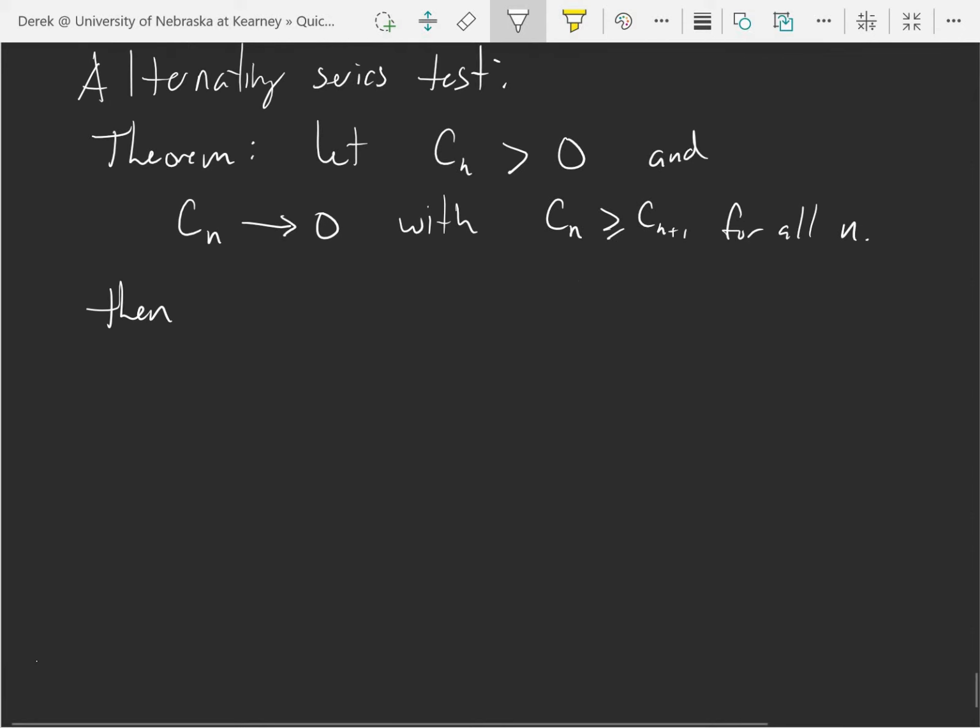Then, so I've got positive coefficients, they decrease to 0. Then the sum, if I add one and then I subtract the next, and then add the next and subtract, from n equals 1 to infinity, converges.